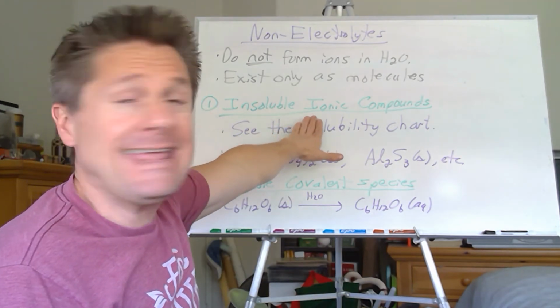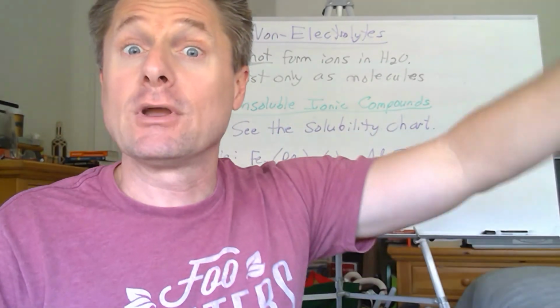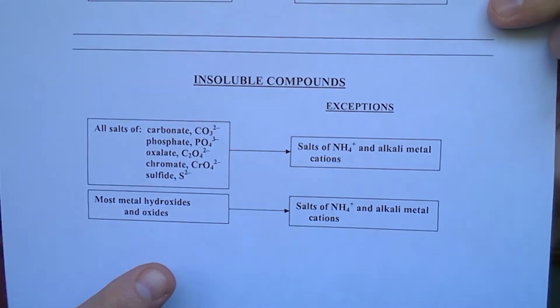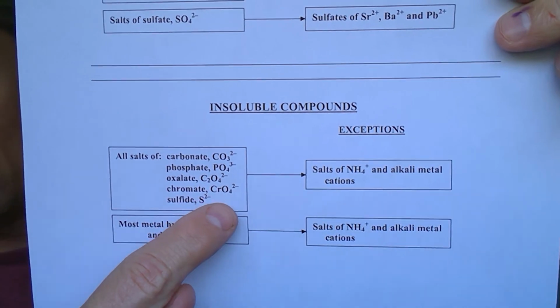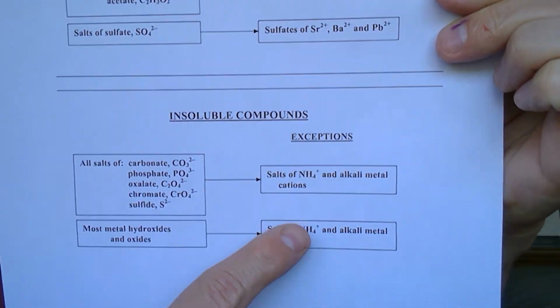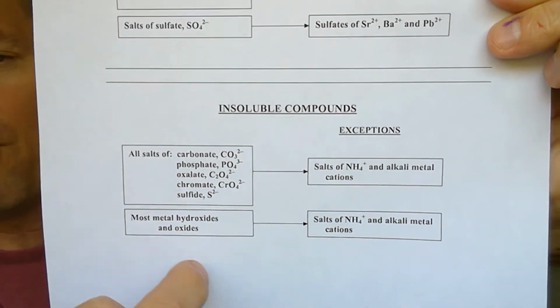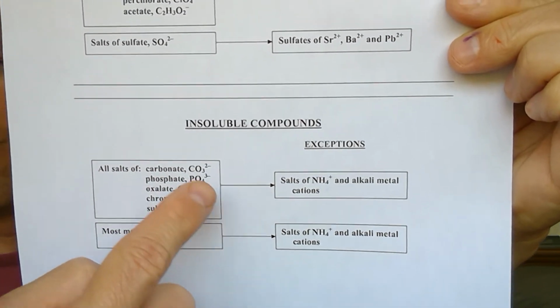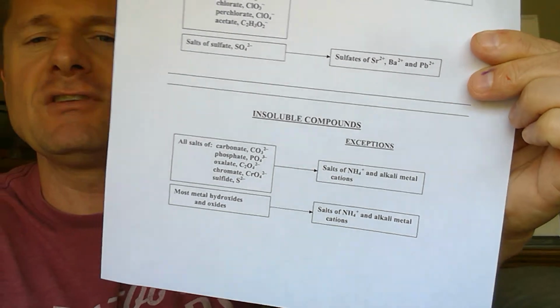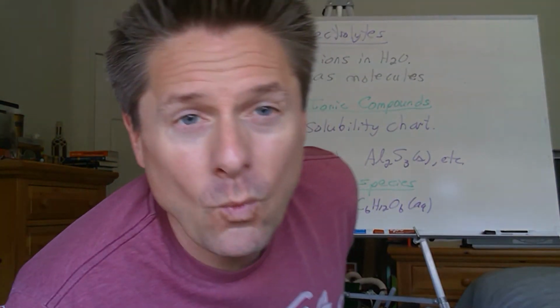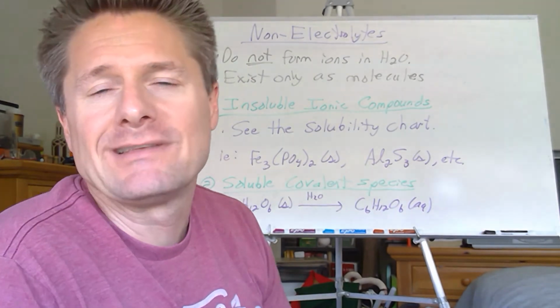So that would be insoluble ionic compounds. Looking back at your solubility chart, they would be the ones on the bottom. See the super high charges? There are exceptions, of course, with the alkali metals and all those kinds of things. But pretty much the cations and anions with really high charges or that are really small, like hydroxides, we're going to treat as insoluble.